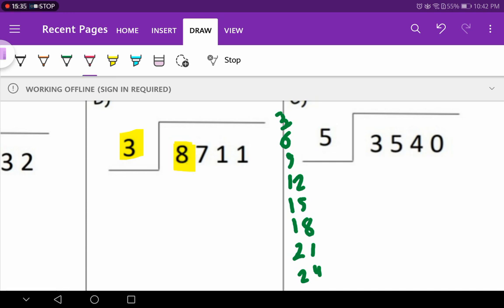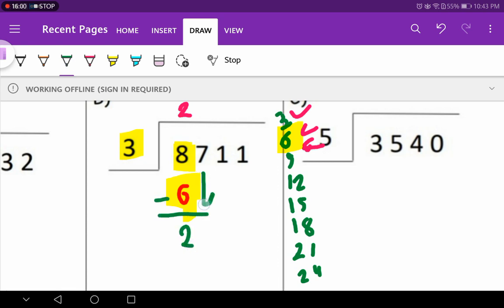The 8 lives between 6 and 9. Every time I take the smaller number, remember, which is 6. I count how many times, 1, 2, 2 up, and the 6 that I highlighted down. I do subtraction. I got 2.